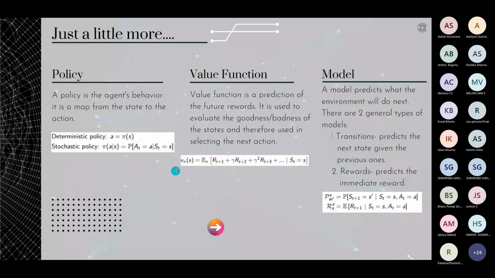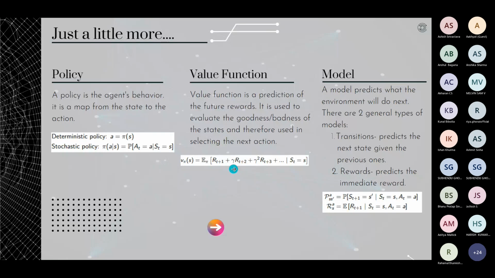A value function is usually denoted as V of s. A subscript pi means that it is a value function that is following a policy. A value function is usually an expectation that has the rewards that you gain from the next action that you take and from the further future actions, multiplied by gamma to the power n minus 1, where n is the number of steps you are looking ahead in the future.